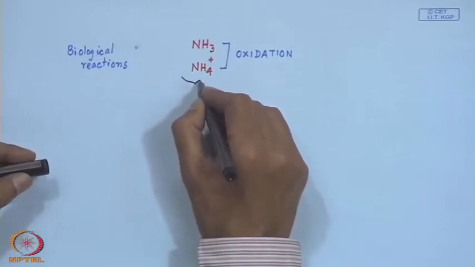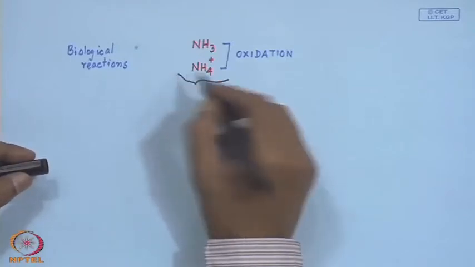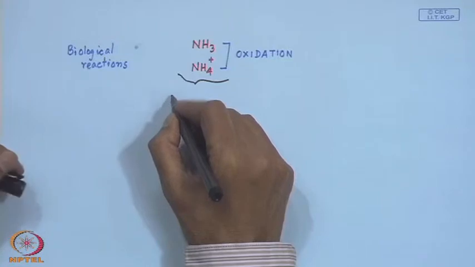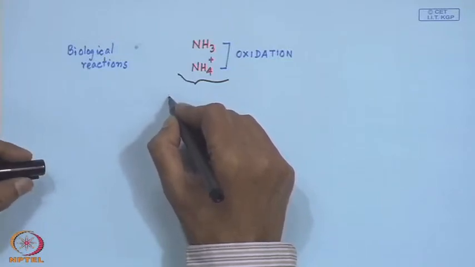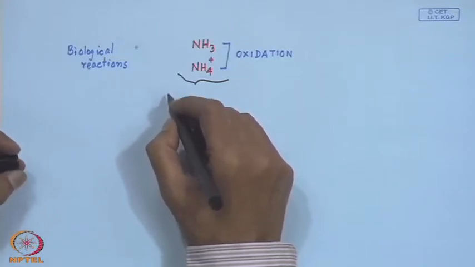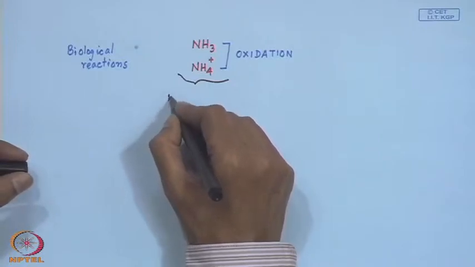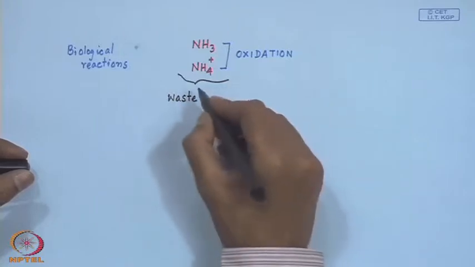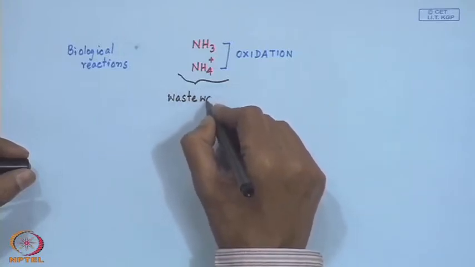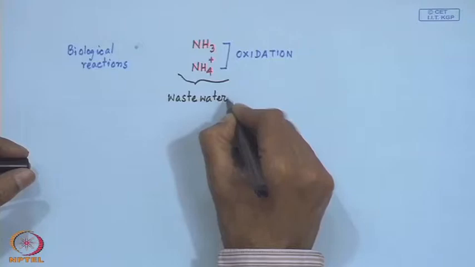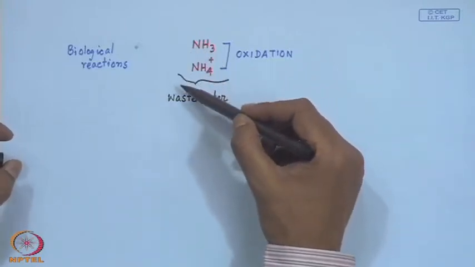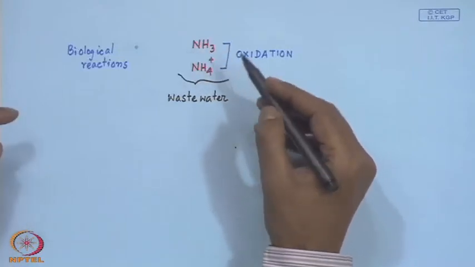If we have both ammonia as well as ammonium ion in industrial effluent in the city water, that means the wastewater, which is getting polluted due to the presence of a high amount of these nitrogen-bearing inputs.